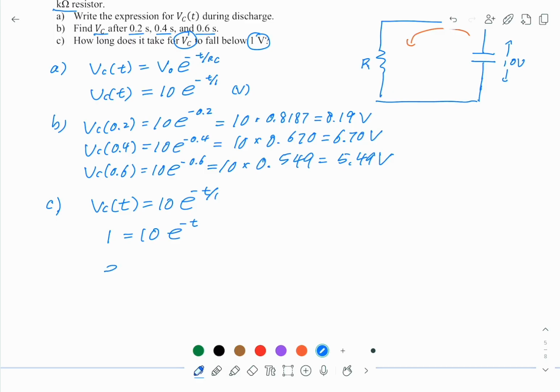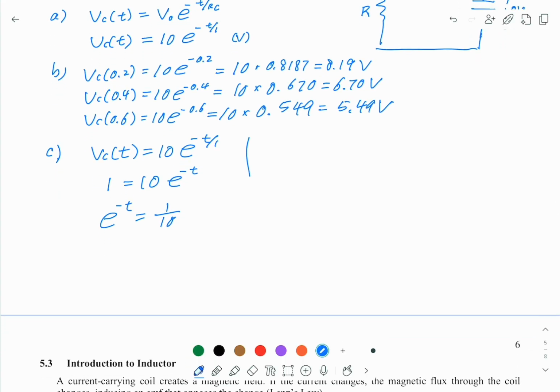It means e to the minus t equals 1 over 10, and then you take the natural log, and minus t equal to, so t is equal to 2.3 seconds.